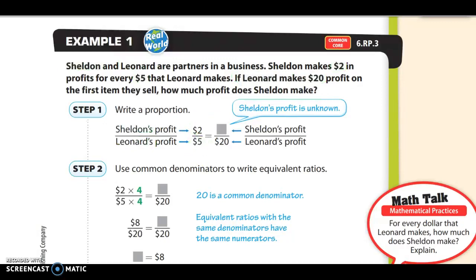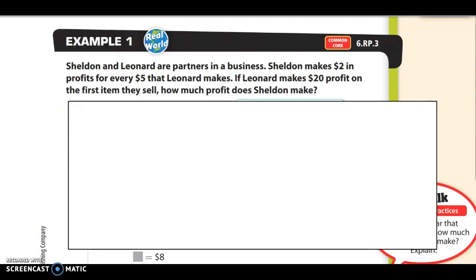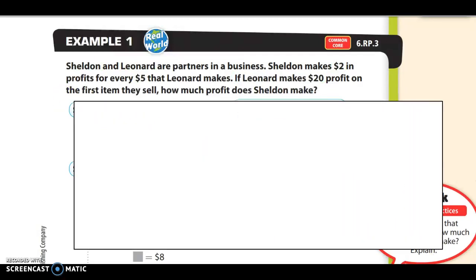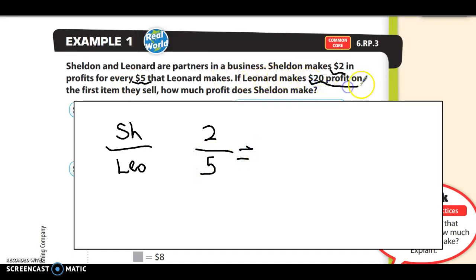Let me show you what that would look like if I had a whiteboard. Sheldon over Leonard. Sheldon makes $2 for every $5 that Leonard makes. Read: if Leonard makes $20.